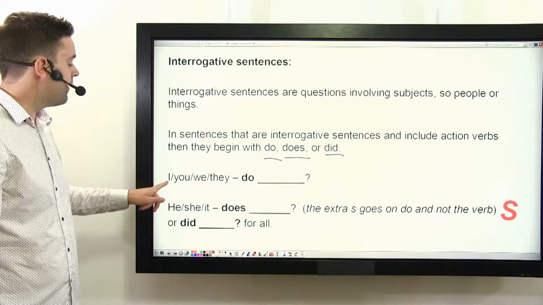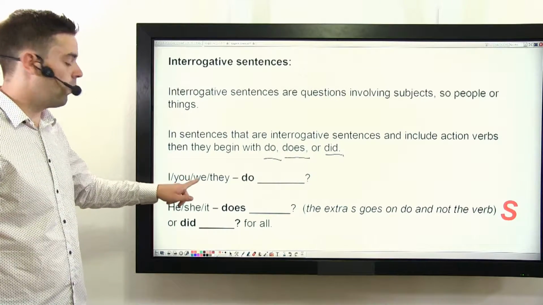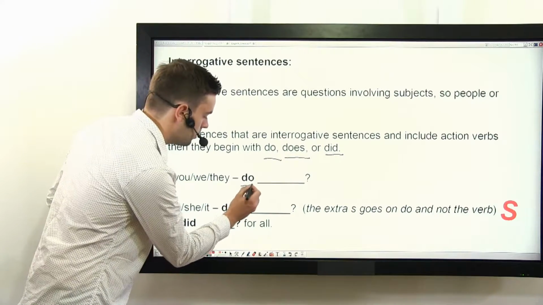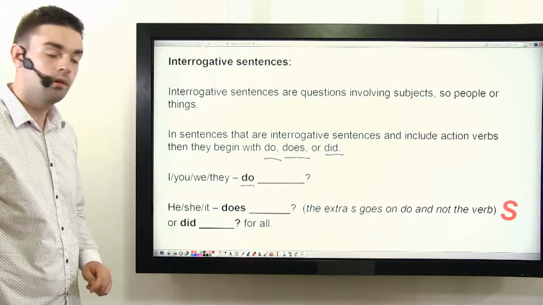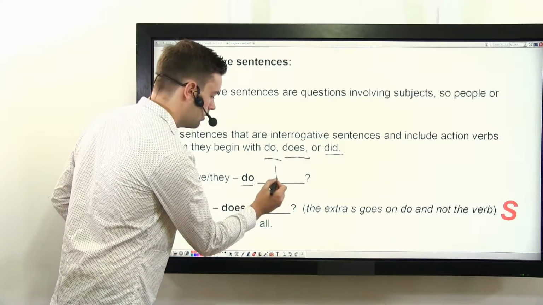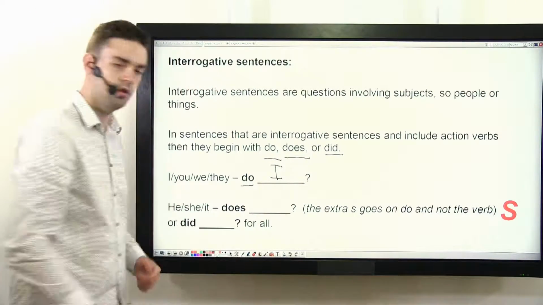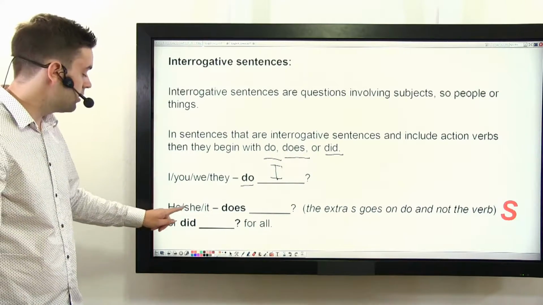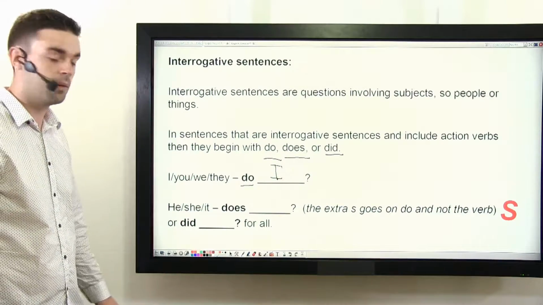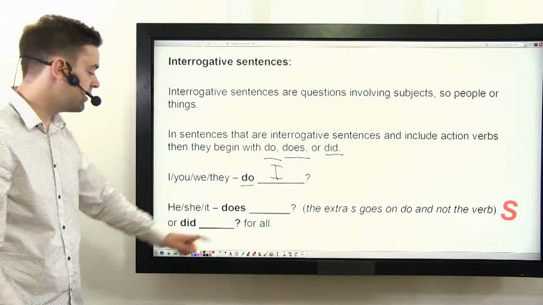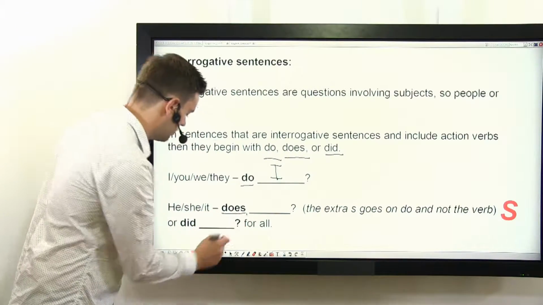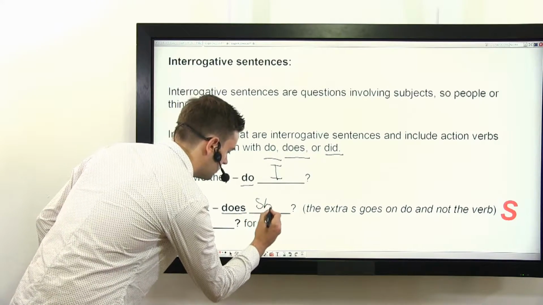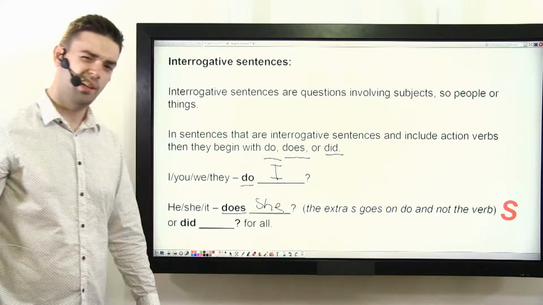So if it's I, you, we, or they, it begins with do. So, do I? If it's he, she, or it as the subject, it begins with does. Does she?